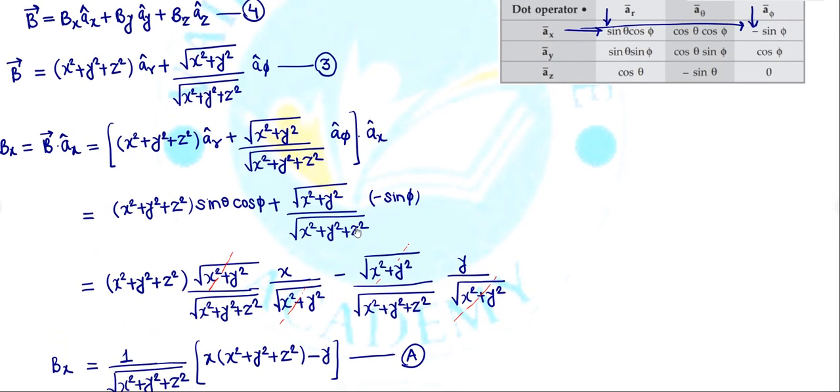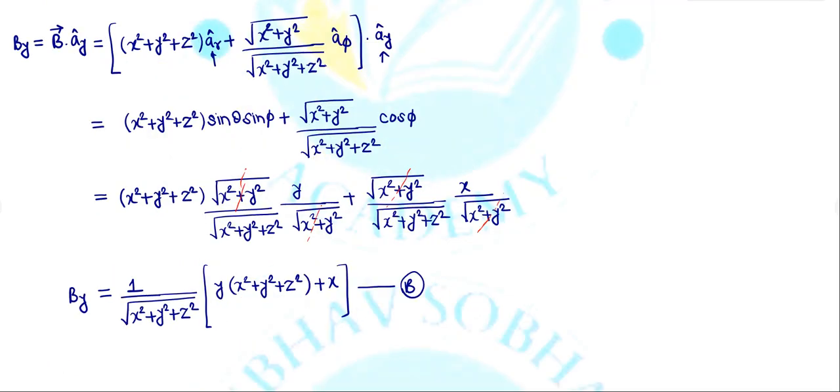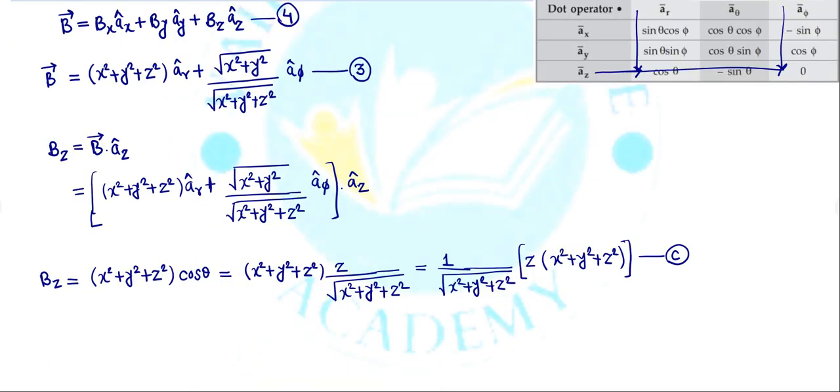So we are going to make use of this equation A, B, and this C along with equation number 4. So we have this equation number 4 over here, and we are going to put the values of that Bx, By, and Bz only to get the value of that vector B.